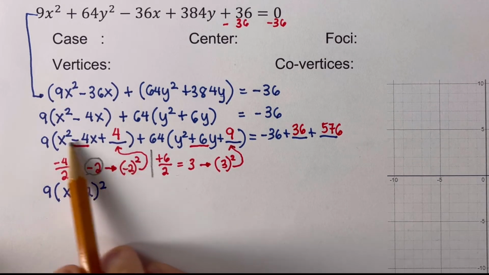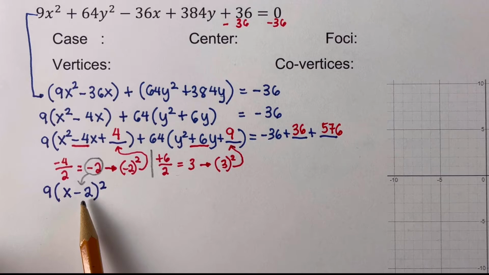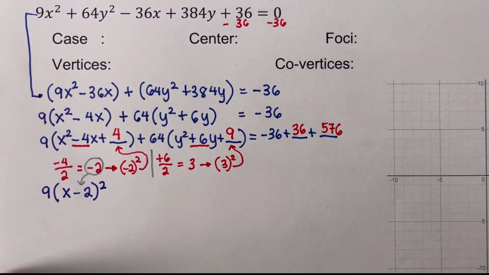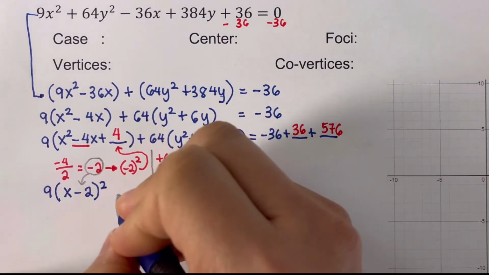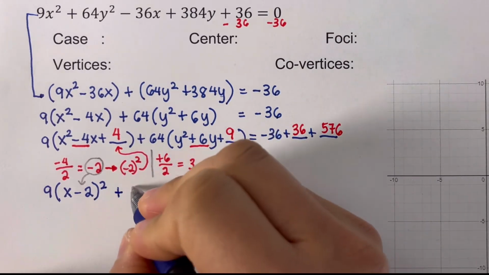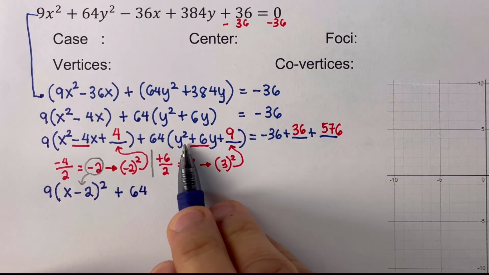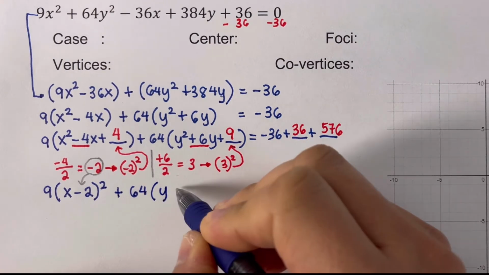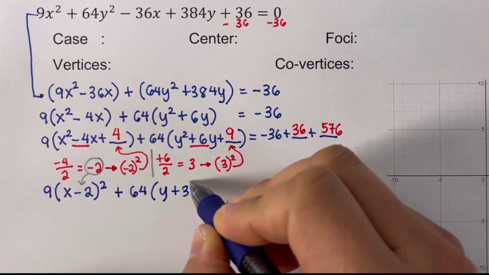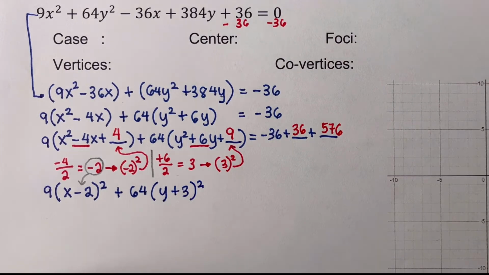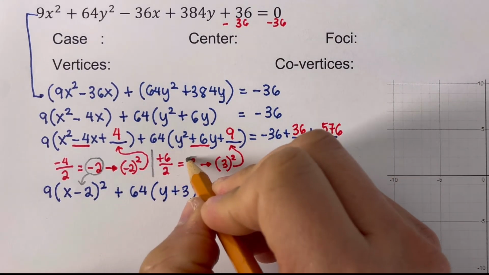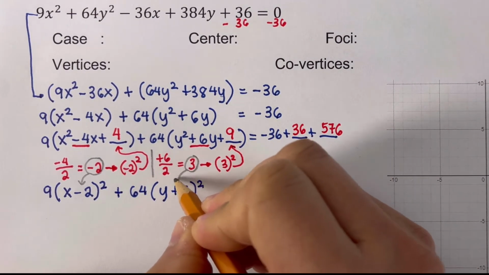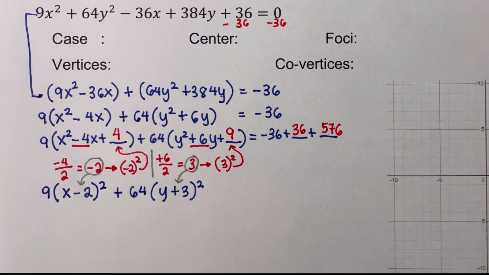That should still work, but that's the fastest way to do it. And then that is plus the other one right here, that would be 64. And again, this is a perfect square trinomial, and this is actually y plus 3. Again, the fastest way is whatever this value is here, that's the one that we write down here. So that is y plus 3 squared.